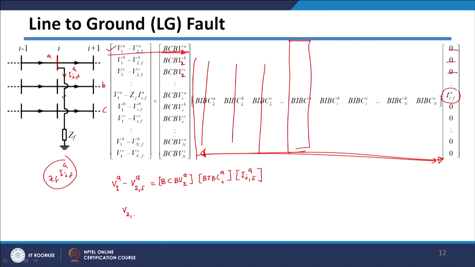So, the post fault voltage of bus 2 A phase will be equal to V1A minus this part here, that is BCBV of 2A and BIBC IA into your fault current, which we already calculated. So, this fault current is known, only one quantity, and then we can get the post fault voltage of the bus 2.